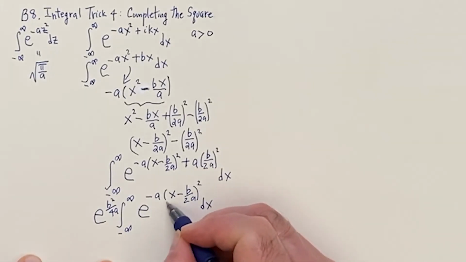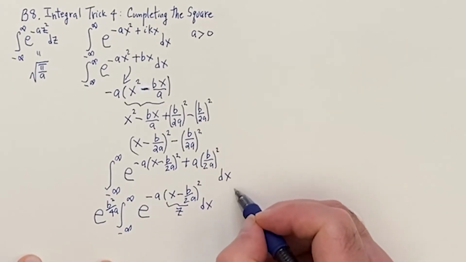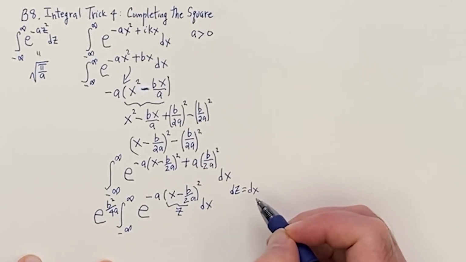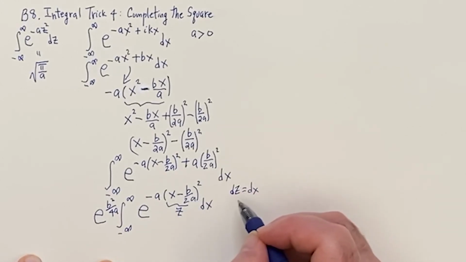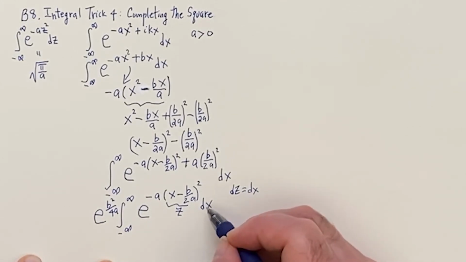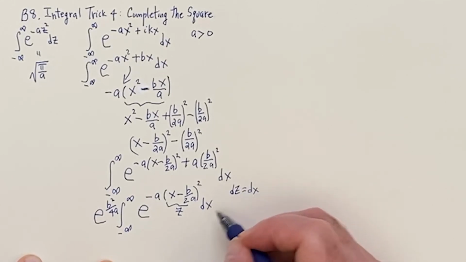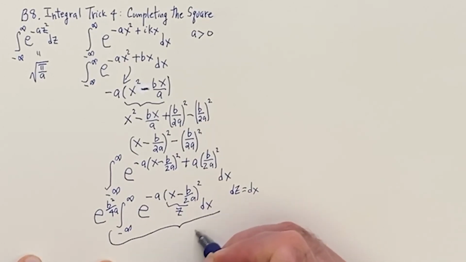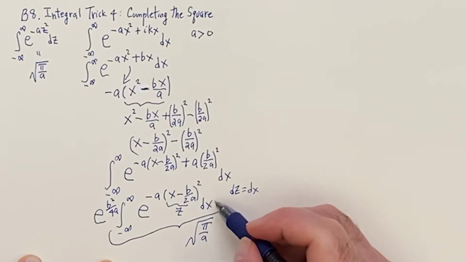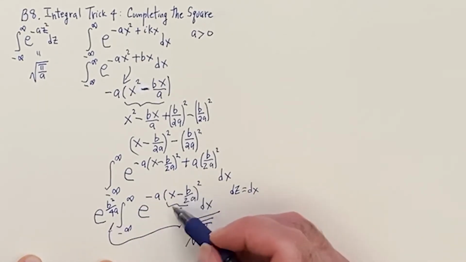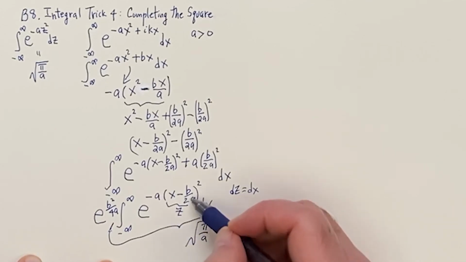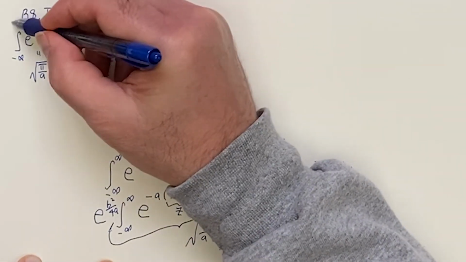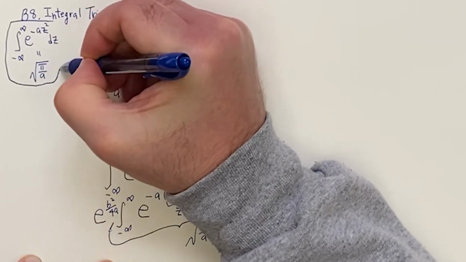And see, this is a z. And a dz equals dx, since that's constants, to shift it. And when z goes from negative infinity to plus infinity, x would go from negative infinity to plus infinity. So we have it. So this integral here is the square root of pi over a, because that part in there is just e to the minus a z squared.